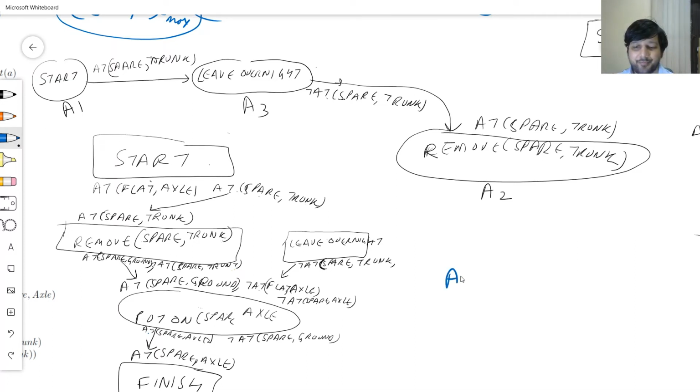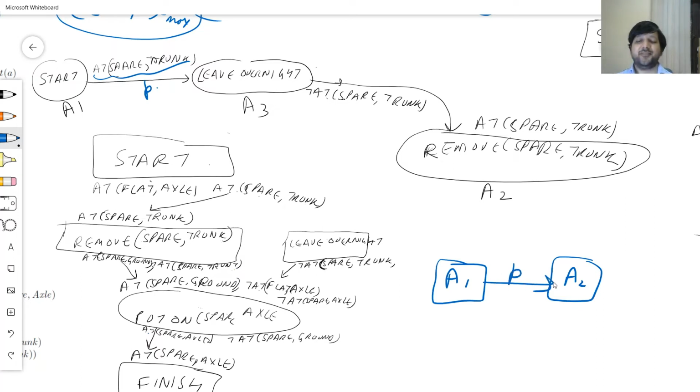My partial order planning graph was something like this, and this is P. A1 was achieving P for A2. And what happened, I added another action A3 which has an effect of not P.